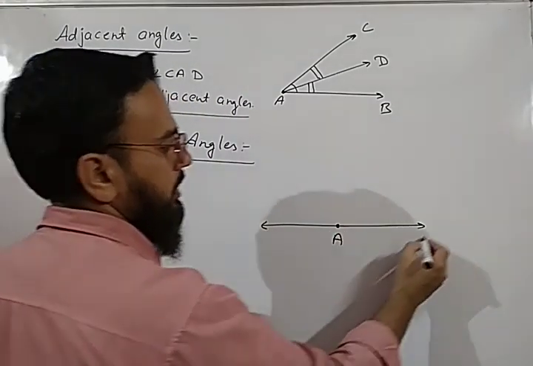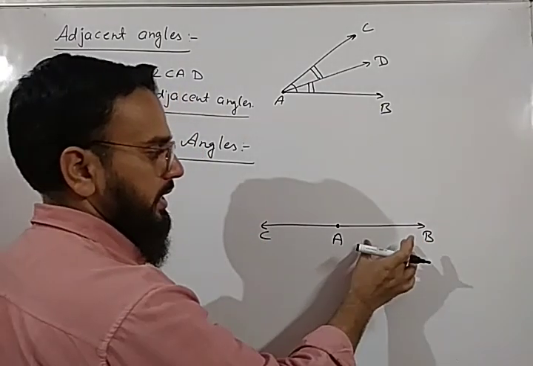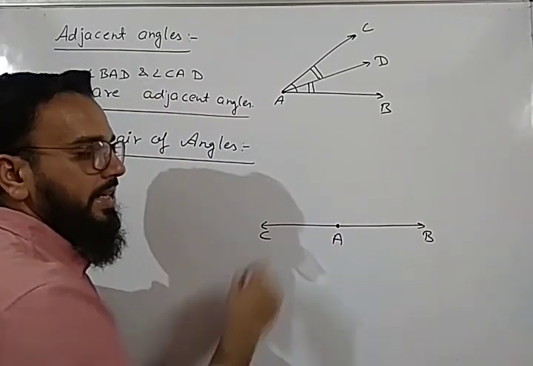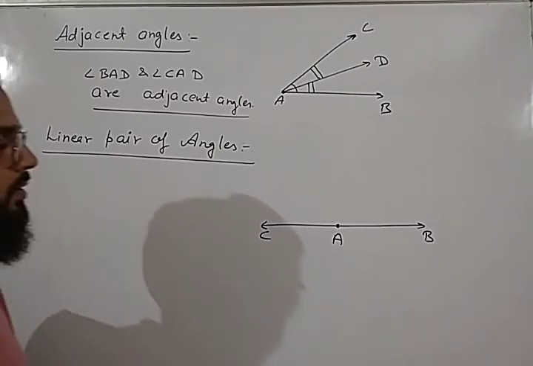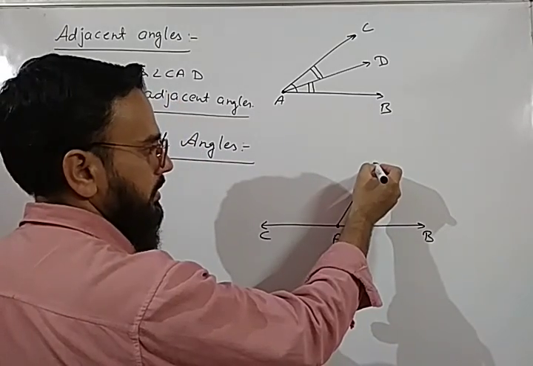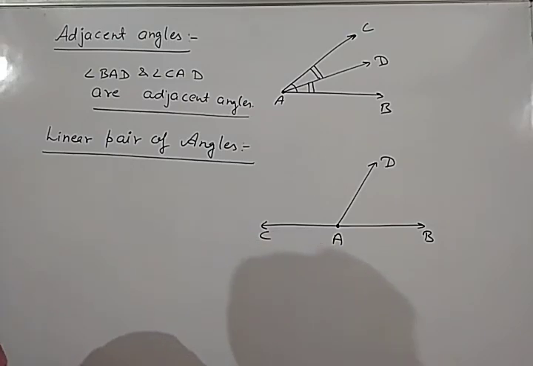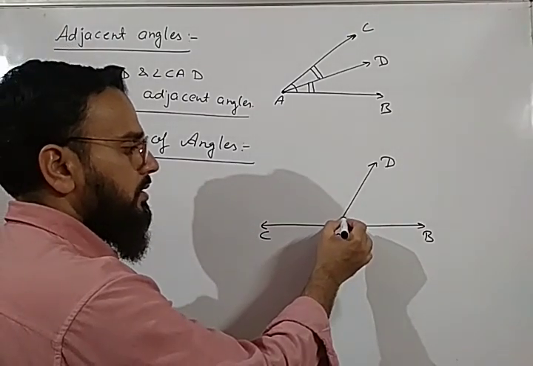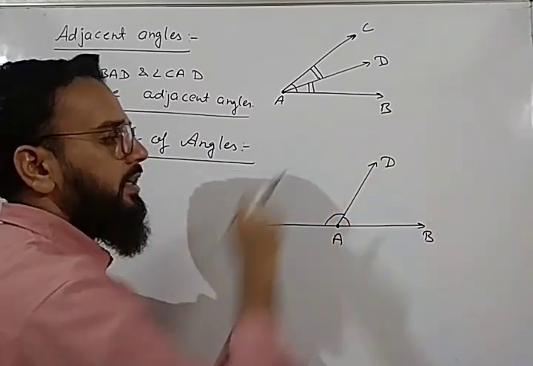Suppose this point is A, this is B and this is C. So we have drawn two opposite rays AB and AC from the same vertex A. And if we draw another ray from the same vertex, let it be AD. Now there are two angles, angle BAD and angle CAD.